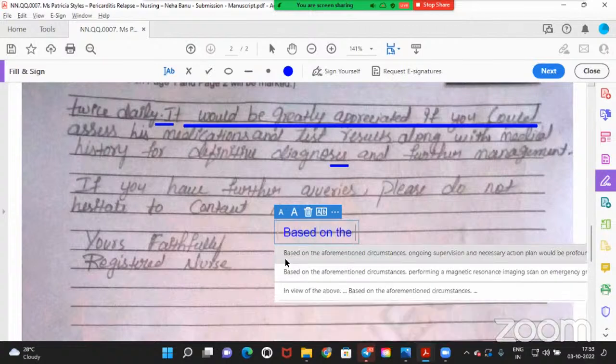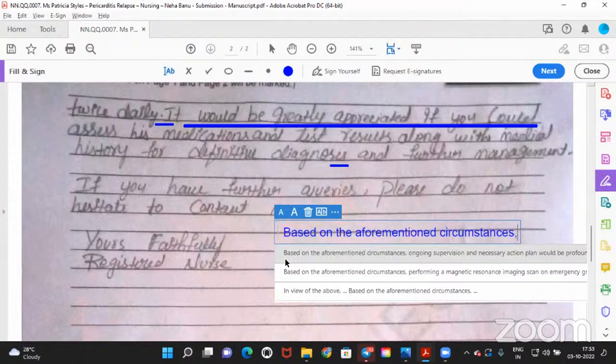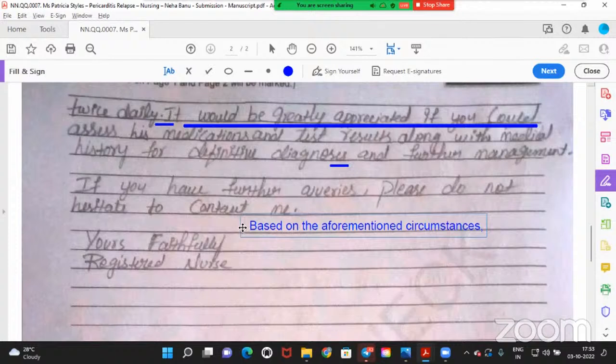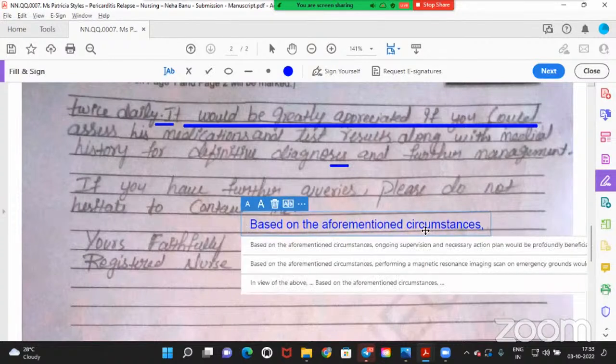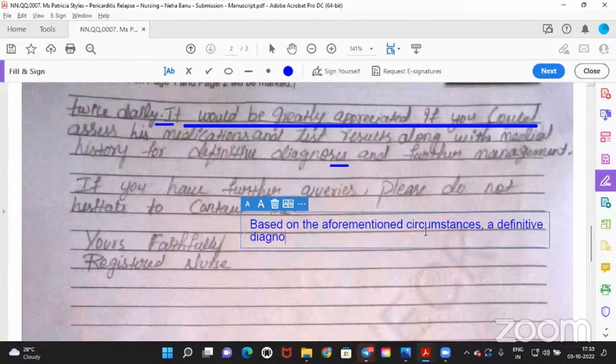Based on the aforementioned circumstances, comma, a definitive diagnosis and further management.